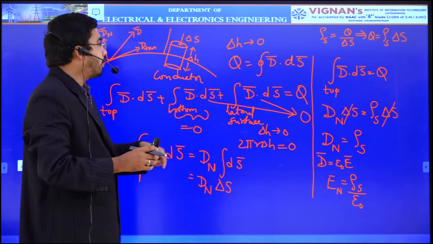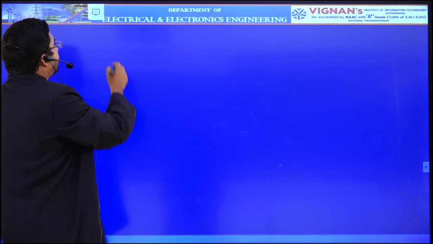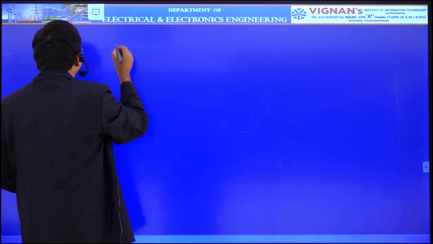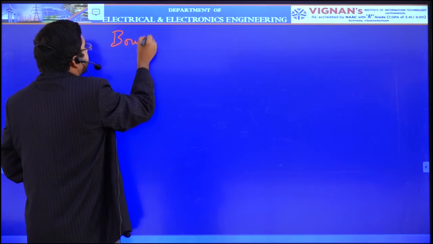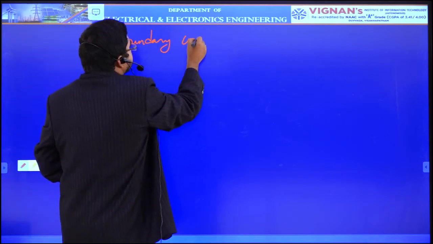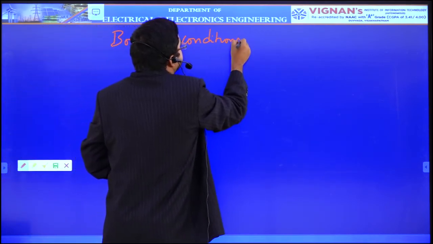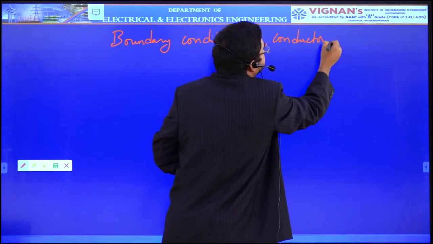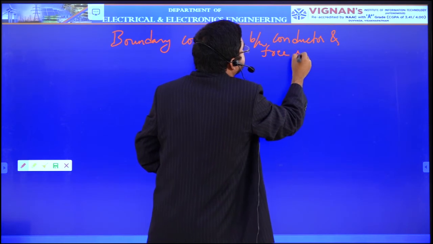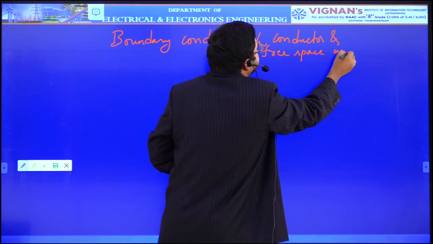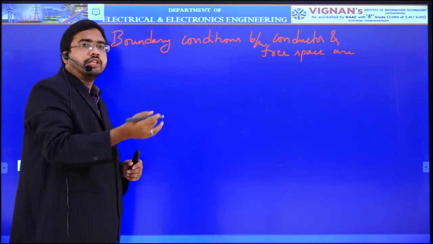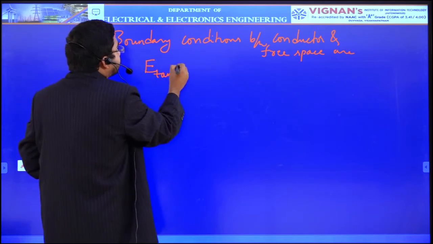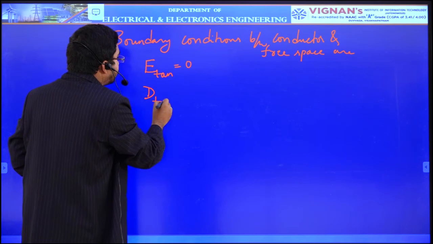So let us summarize all of them. The boundary conditions between a conductor and free space are: if you are looking from the tangential side, then E tan equal to 0 and D tan equal to 0.